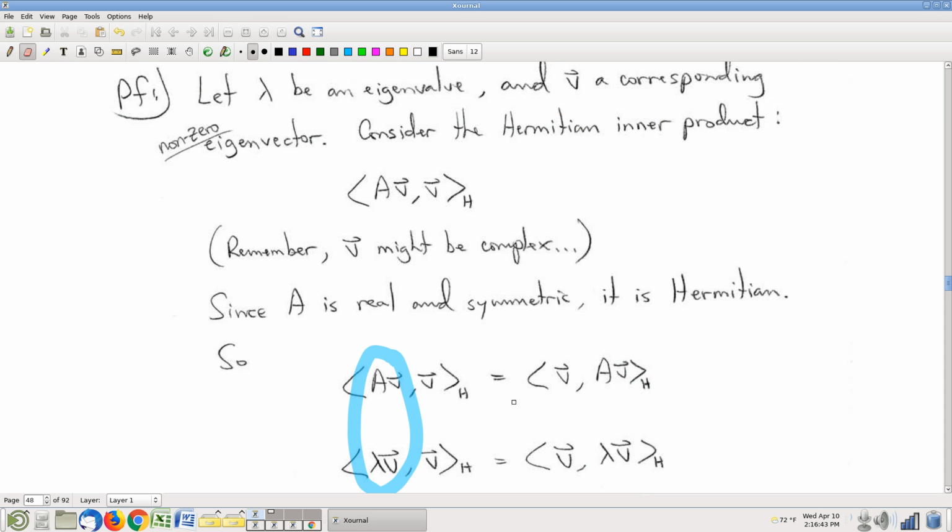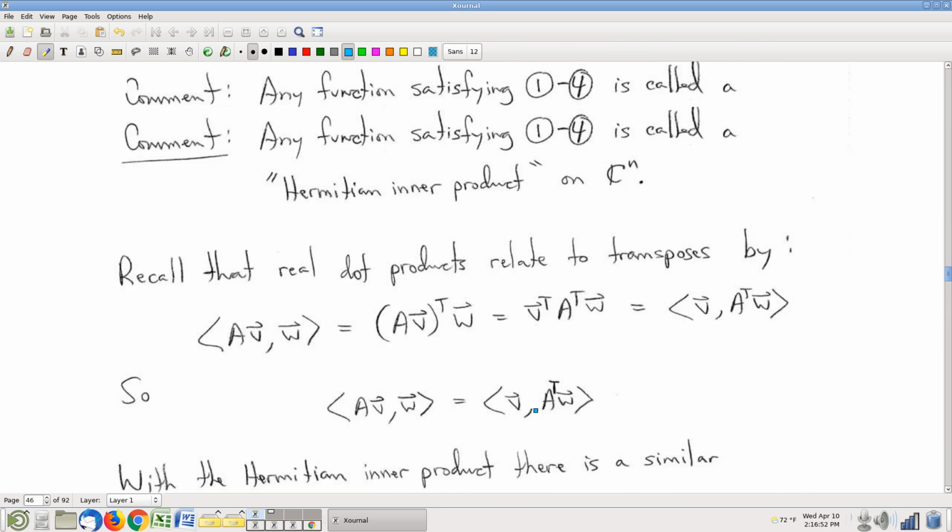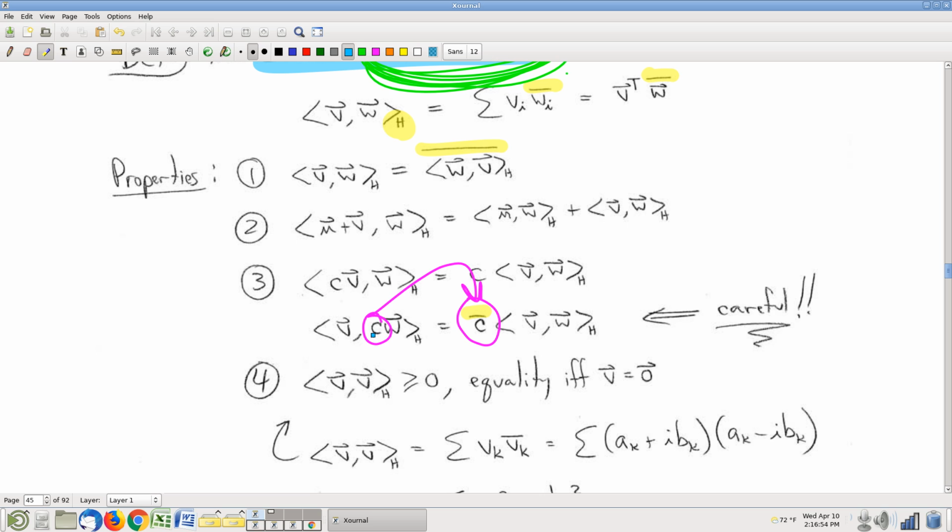Okay. Now, scalars factor out, right? So I can take that lambda and factor it out. I can take this lambda and factor it out. Slow down. You can factor out scalars, but when you factor out scalars from the right factor, don't forget to conjugate because of the conjugate in our definition.